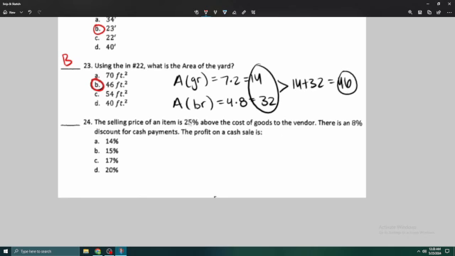Well, if we're making a 25% profit, and then 8% discount for cash payments, well, 25% minus 8% is just 17%. I think I'm right, but that's one I'm just not completely sure on. Let's double check.